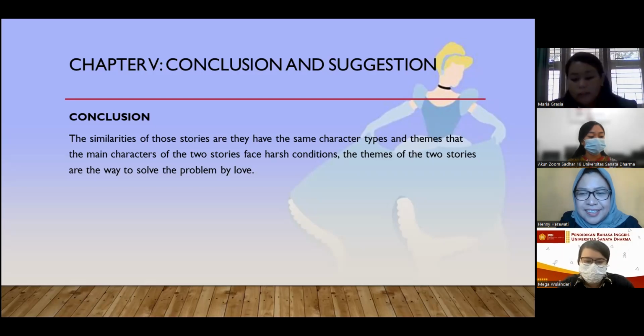They have the same character types and themes, that the main characters of the two stories face harsh conditions, and the themes are solving the problem by love. What kind of character types? Character types like the struggle to achieve a better life, Miss.